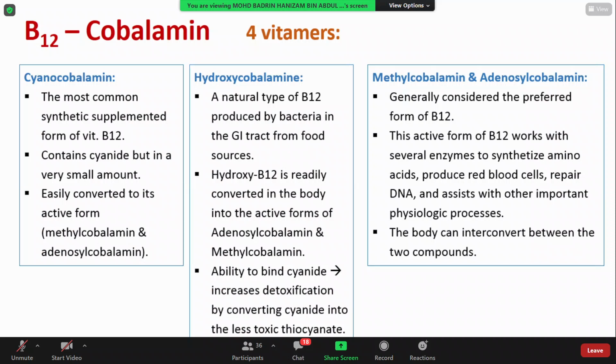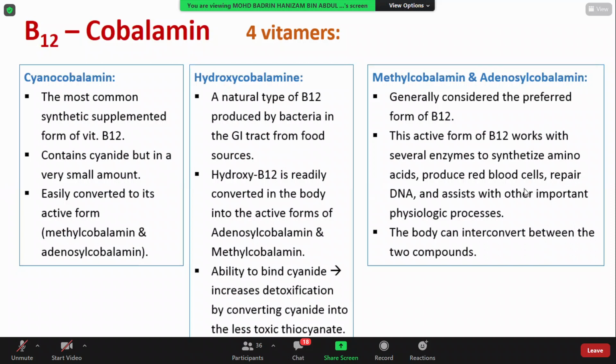So these active forms of vitamin B12 work with several enzymes, such as in the synthesis of amino acids, to produce red blood cells. When the vitamins are required to produce red blood cells, they require DNA, right?